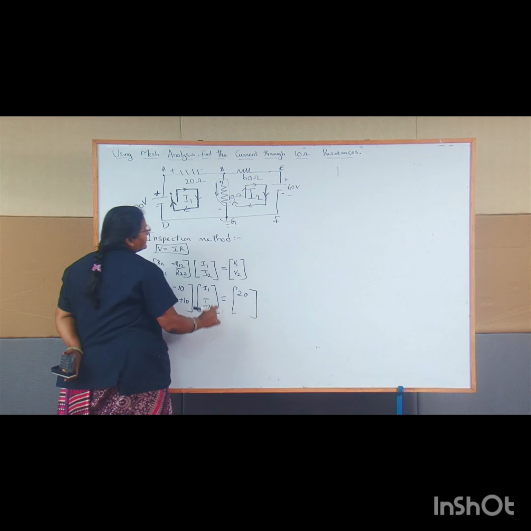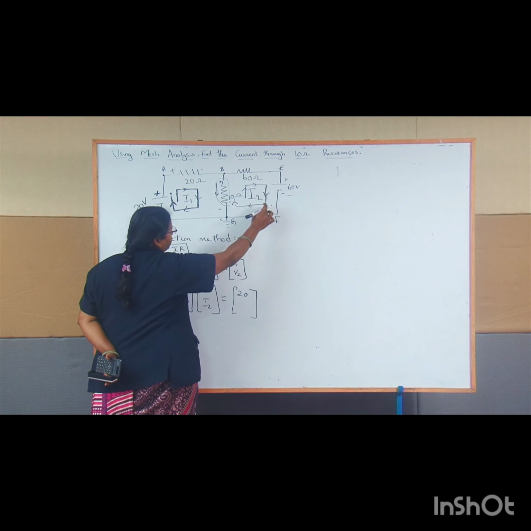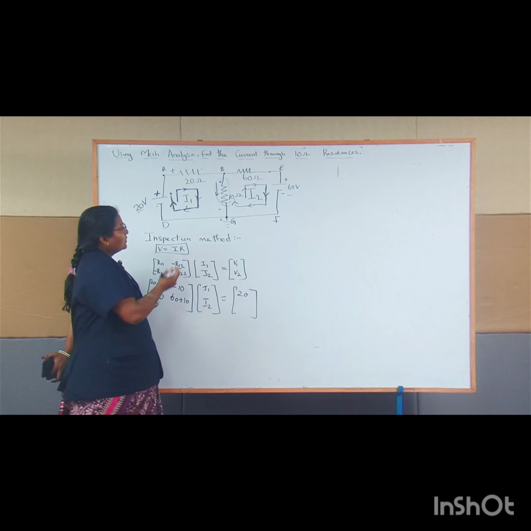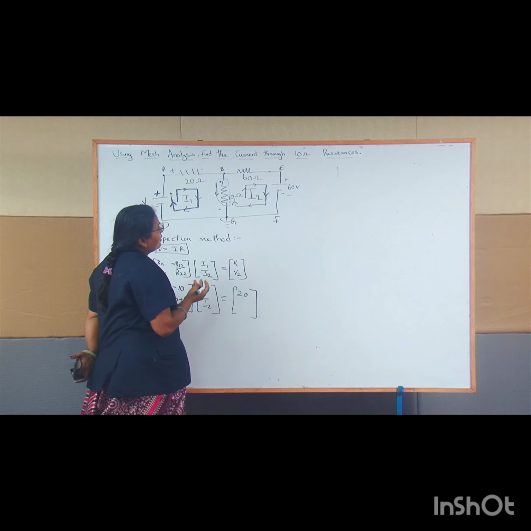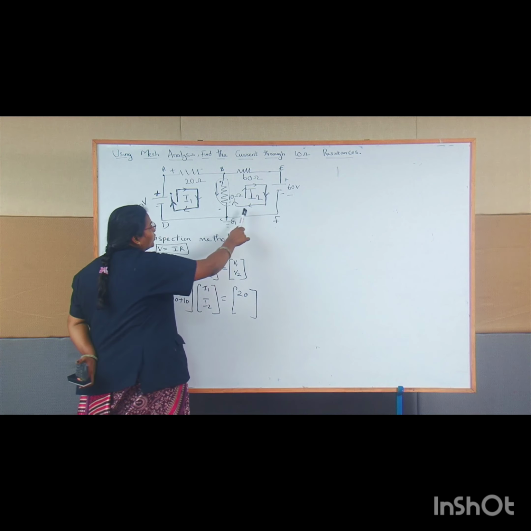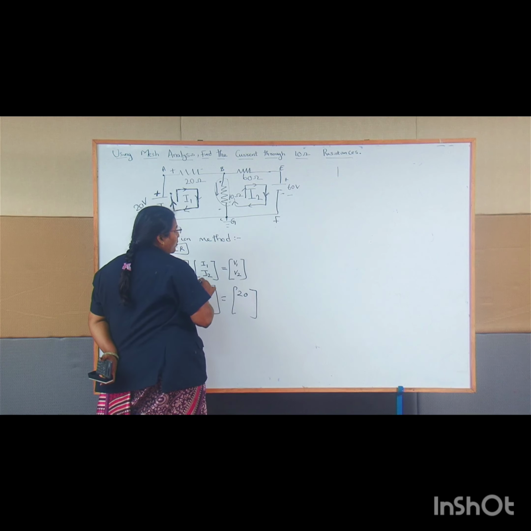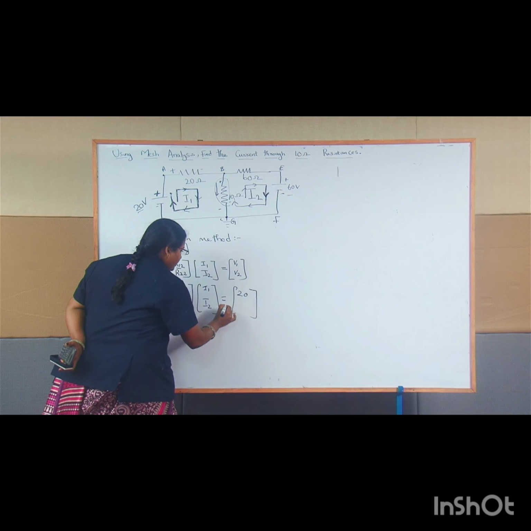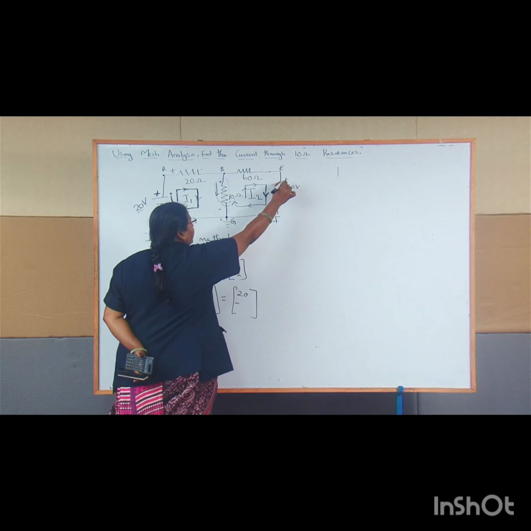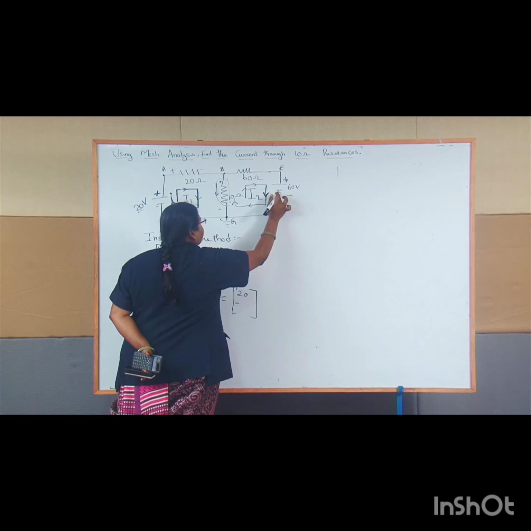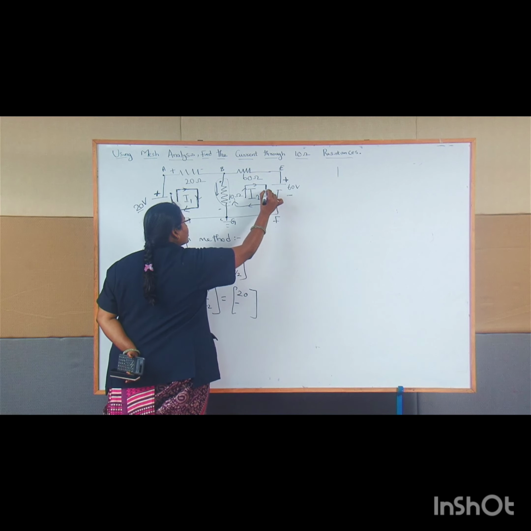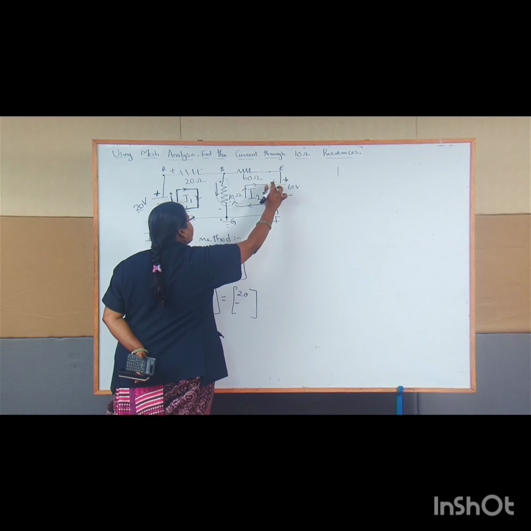For V2, it is nothing but the source voltage present in loop 2. If they didn't mention any voltage source in loop 2, you have to put 0 there. But here in loop 2 they mention 60 volts. Once again you have to check with the direction. The arrow ends at negative. Here this is positive, this is negative, and the loop current I2 flows from positive to negative.